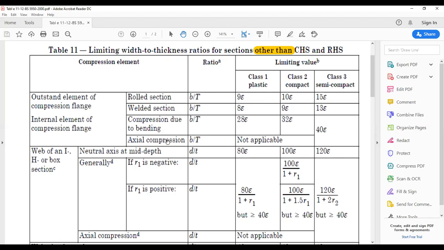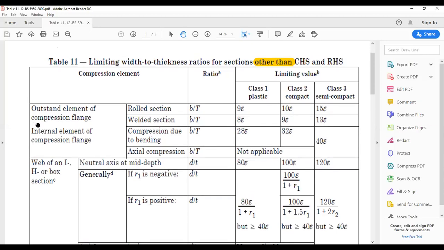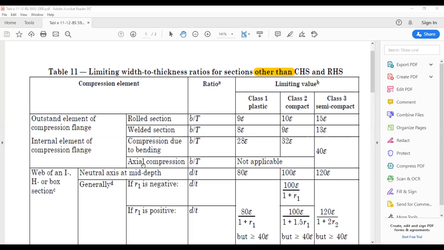And in this row here, we have total axial compression. If you look here, we have the outstanding element of compression flange, and then the internal element of compression flange. The difference between the two, we shall see later. But for example, suppose we want to classify a beam section.